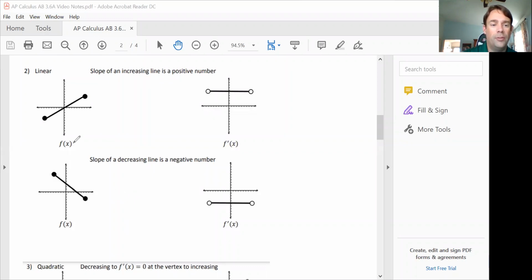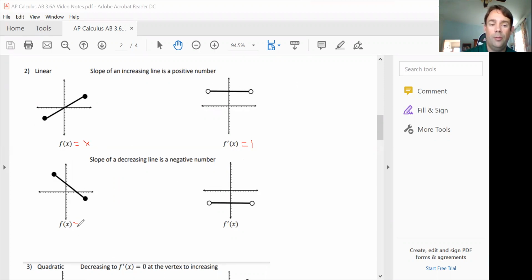All right, let's see what you guys came up with. So first of all, this is not this line, but let's just pretend like it is. Say I had y equals x. What's the derivative of that function? That would be 1, which is a positive number. So any increasing line would have a derivative graph that would be a positive horizontal line.